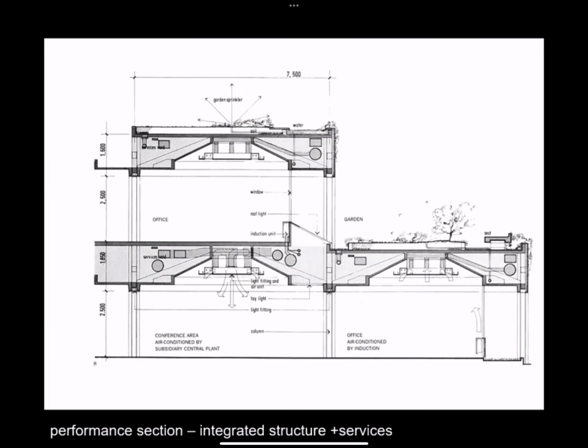This is an example of what you might call a performance section drawing, in which you see here integrated structure and services. So the structure here is precast concrete elements in square structural bays that form these pyramid spaces, now in each square bay, rather than the recessed ellipses that we saw before.